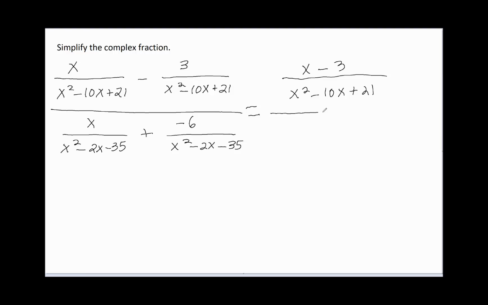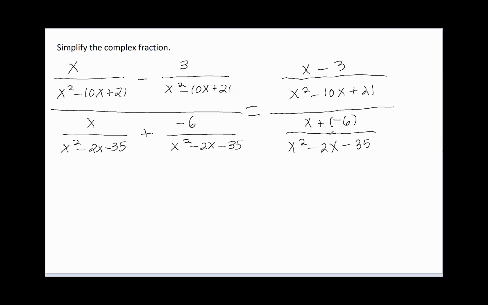And I can do the same thing in the denominator since those two fractions have a common denominator, and I can write it x plus negative 6 over x squared minus 2x minus 35. Now I still have a complex fraction because I have a fraction within a fraction.